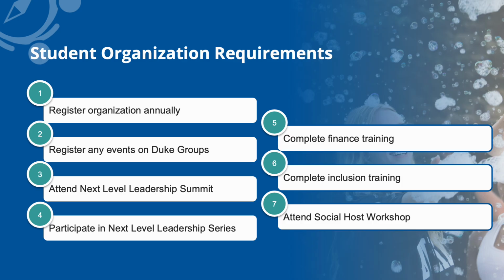Attend the Next Level Leadership Summit. The summit happens in the fall semester of each academic year, and it only happens in the fall semester of each academic year. Participate in the Next Level Leadership Series that happens throughout the academic year, the fall and the spring semesters. Complete finance training, complete inclusion training, and attend a social host workshop.